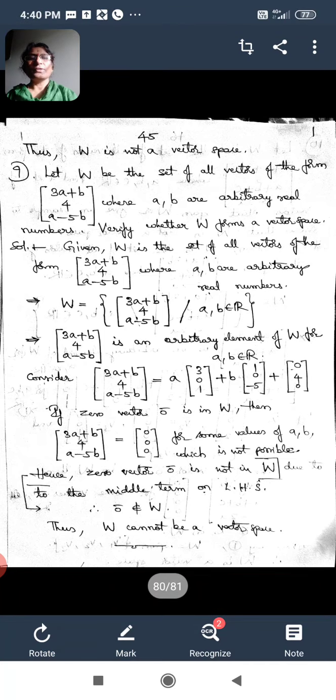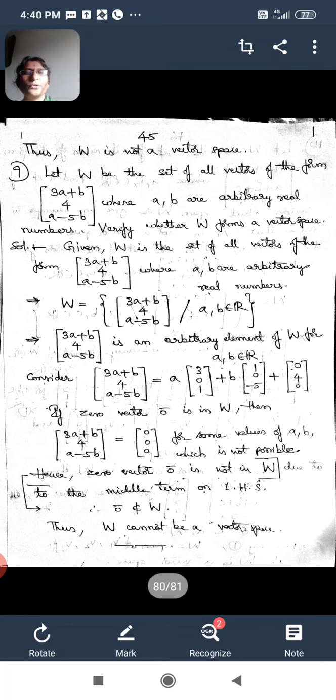So it can never have 0 as its second entry. So the 0 vector, 0 0 0, is never a possible element of the set W. That is how 0 bar is not in W.